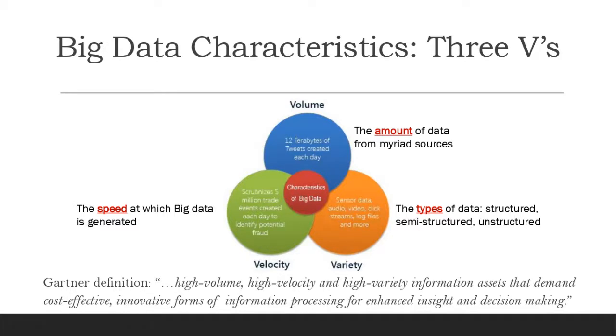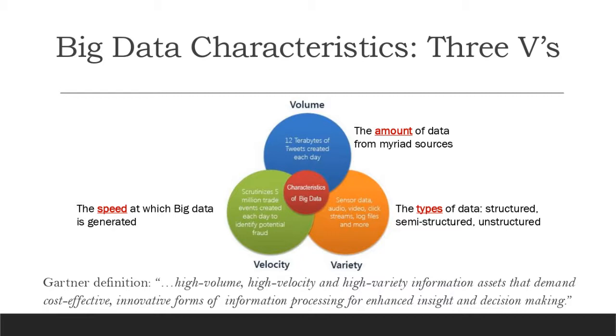Here is Gartner's definition looking at these 3 V's: high volume, high velocity, and high variety information assets that demand cost-effective, innovative forms of information processing for enhanced insight and decision making.